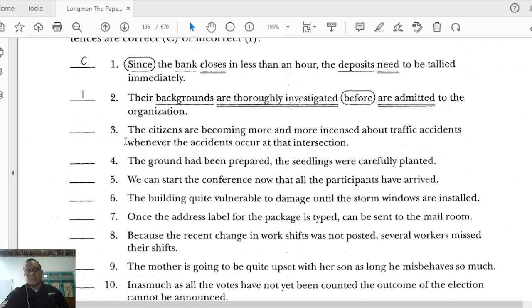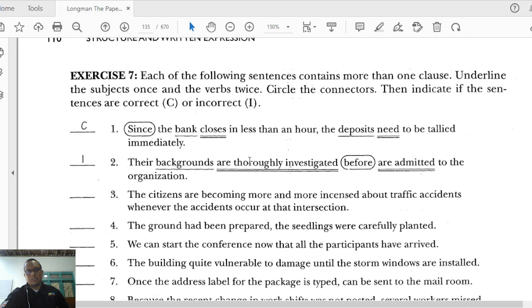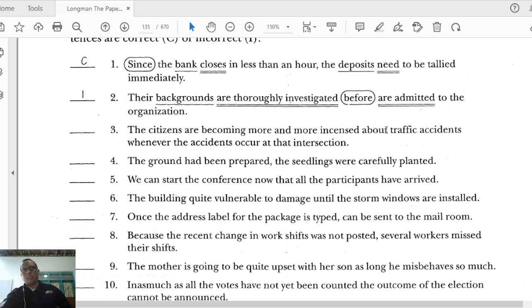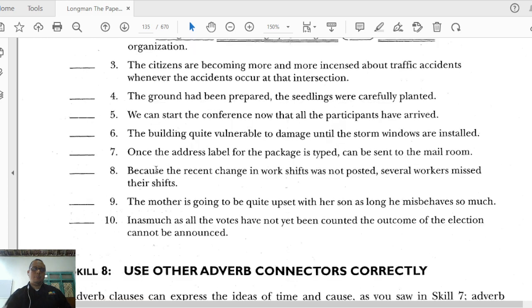Whenever the accidents occur at that intersection, ada kata whenever, jadi udah ada kata whenever-nya di sini. Okay, so subject verb, so it's correct, ya.